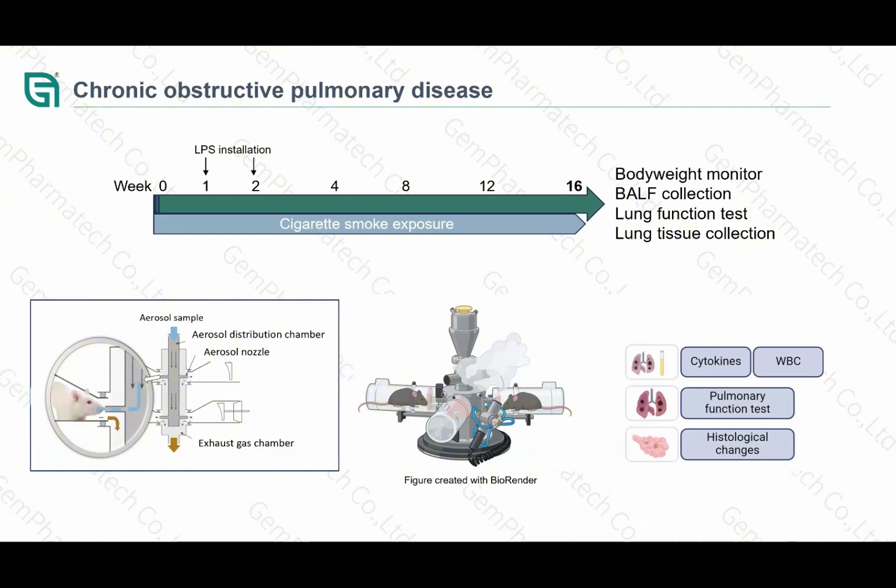And at the study endpoint, we collect the mice blood, BALF, and lung tissue for respective assays, and conduct the lung function test simultaneously to better evaluate the model's phenotype.